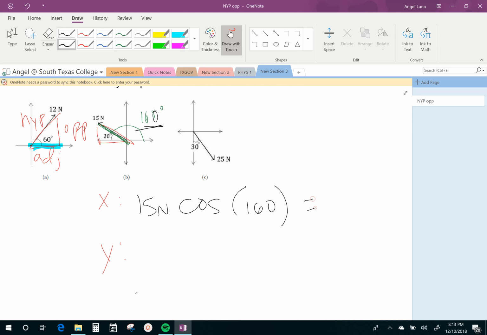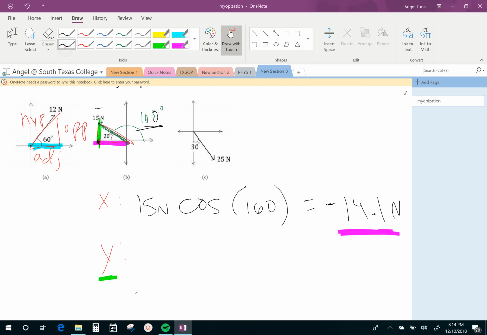That's going to give us a negative 14.1 newtons. And it is negative because it's going to be in a negative quadrant. This represents this side. Now let's look for the y component. Again, fairly simple.